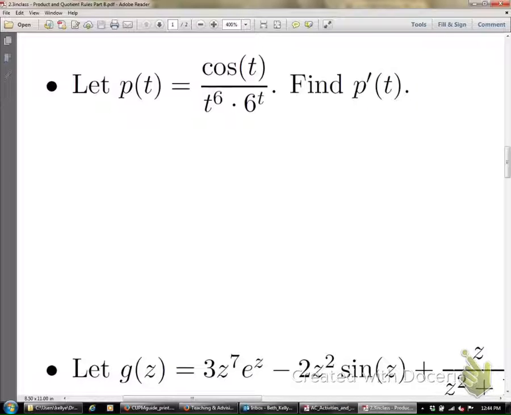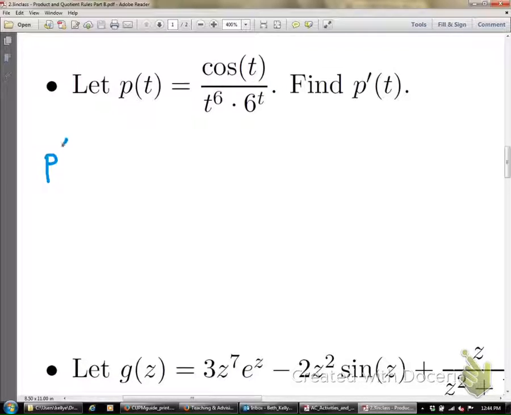Well, if you put in a t value, we would compute cosine of t, and then we would compute t to the 6th times 6 to the t, and then after we had found both of those values, we would do the division. So this division right here is really the last thing we would do, and that is our fundamental operation. So we're going to start with the quotient rule.